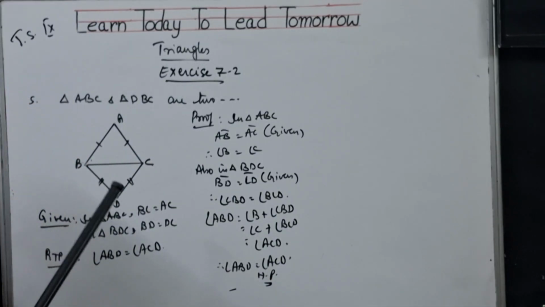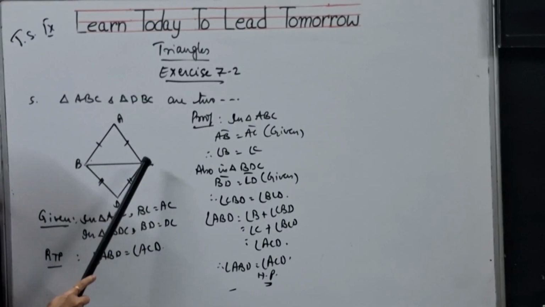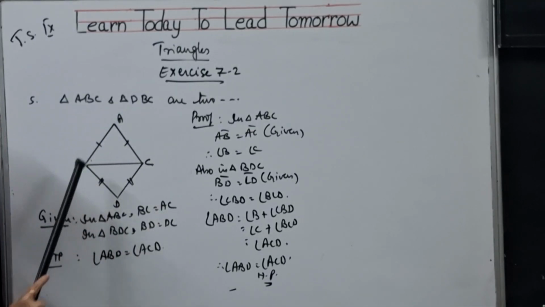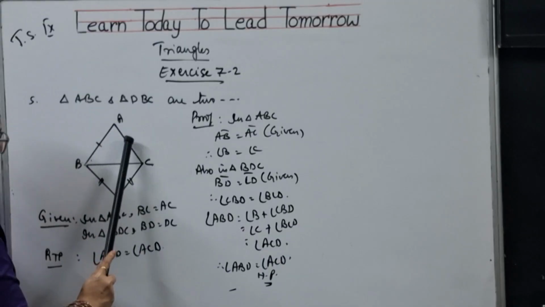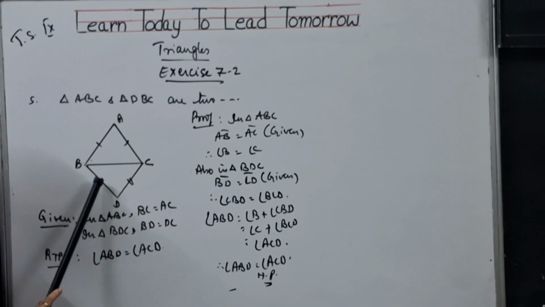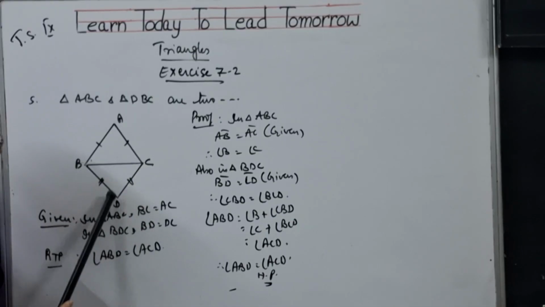Listen to it. You have two triangles. In this triangle, AB is equal to AC. In this triangle, BD is equal to CD. Now we need to prove that angle ABD is equal to angle ACD. So in this triangle, AB is equal to AC means angle B is equal to angle C. In this triangle, these two sides are equal means angle CBD is equal to angle BCD.